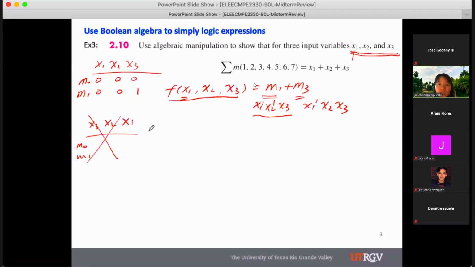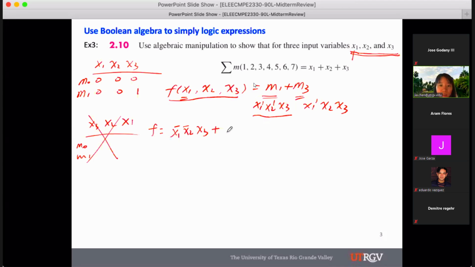And now let's look at this example. So let's call the output F, right? F equals, let's see how the pen works. Okay, m1 is x1 NOT, x2 NOT, x3.